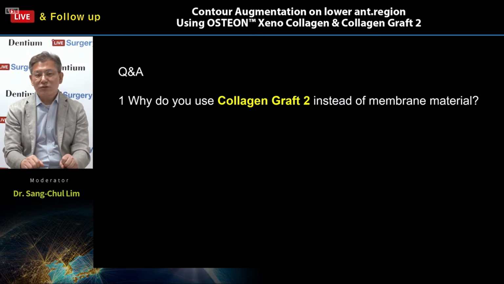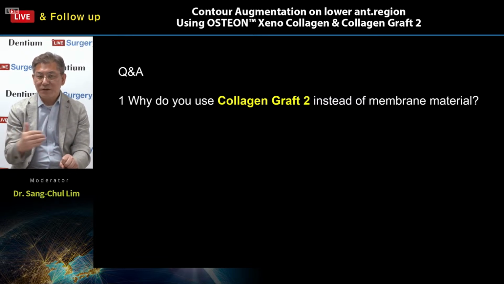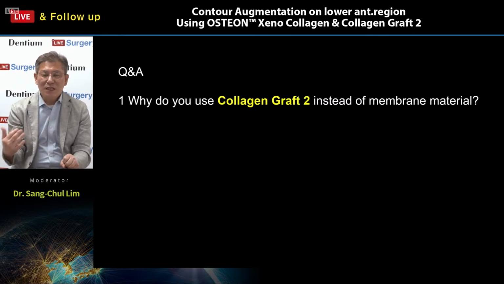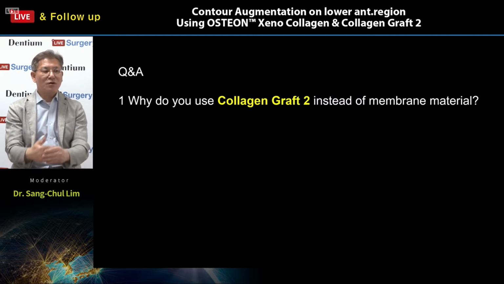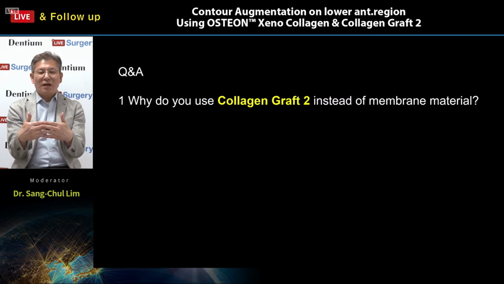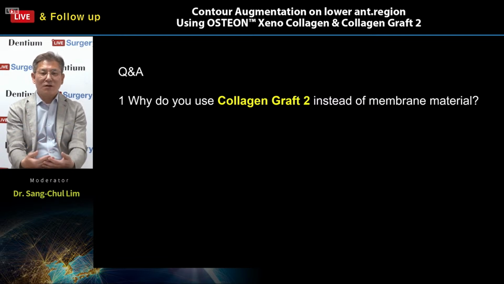Sometimes this collagen graft 2 works as a barrier like in a GBR procedure, however, this function will be limited. Why? This collagen matrix is not too dense, so it is absorbed faster compared to a membrane.